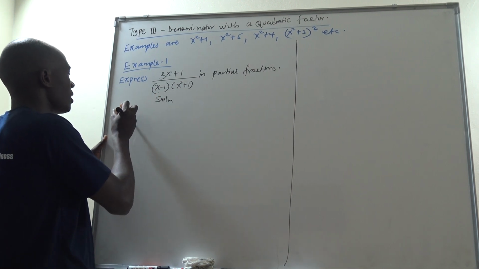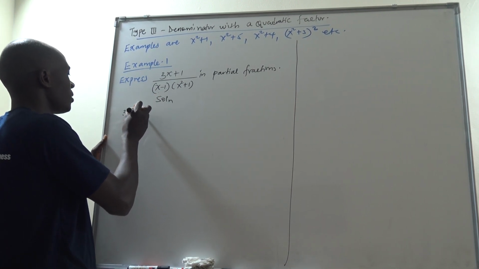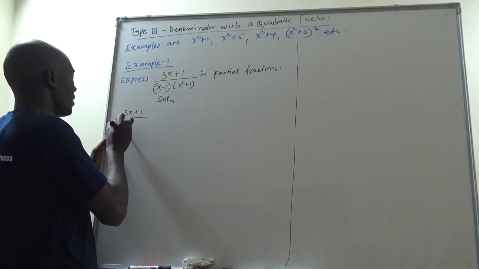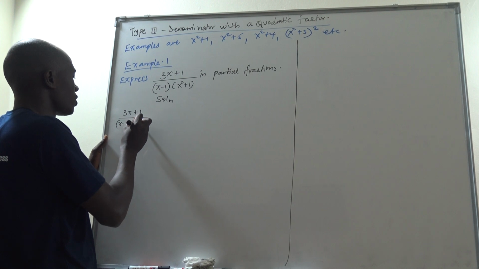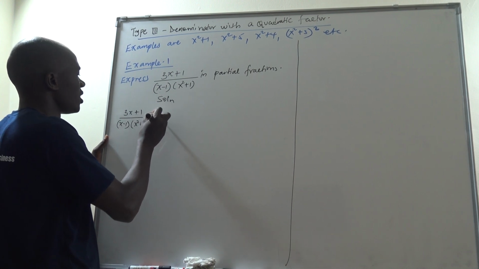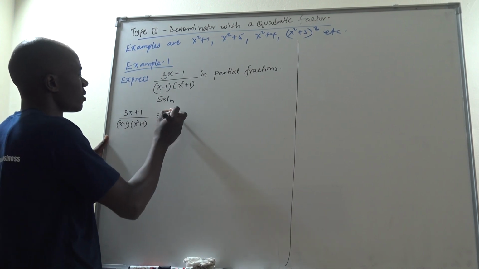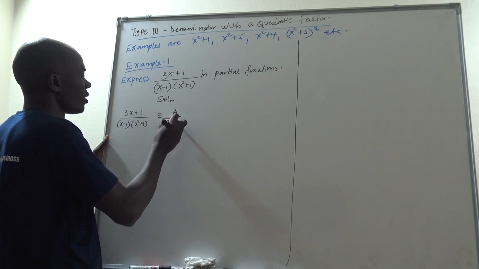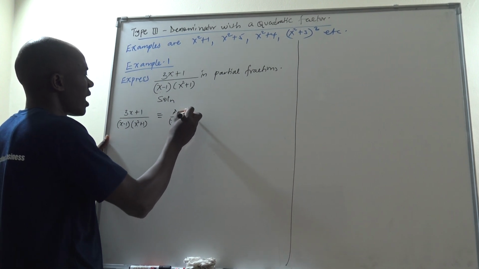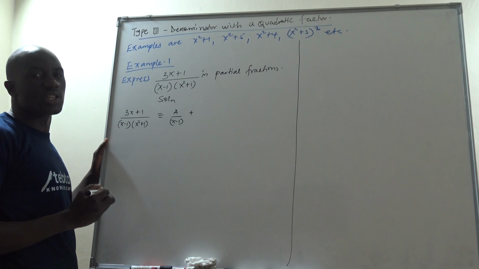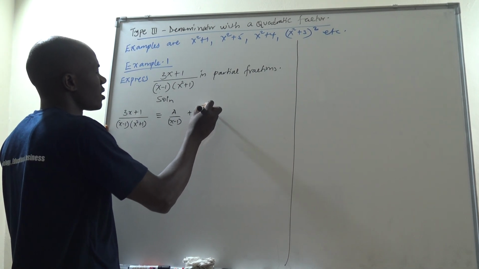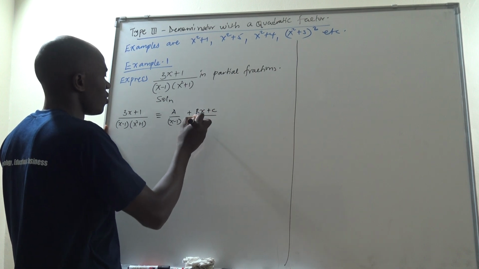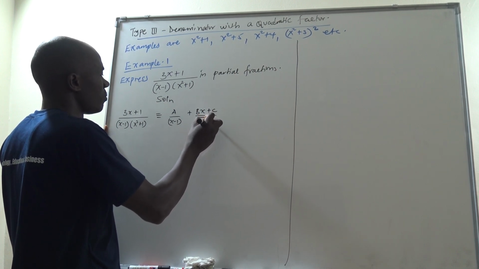Solution. 3x plus 1 all over x minus 1 into x squared plus 1 is the same as, this one is linear, so we say A over x minus 1, plus, this one cannot be factorized, so we say bx plus c all over x squared plus 1.